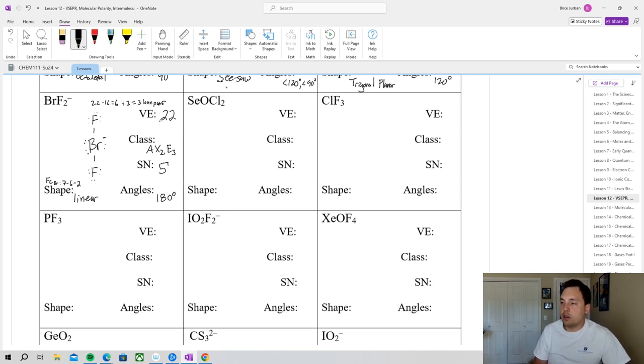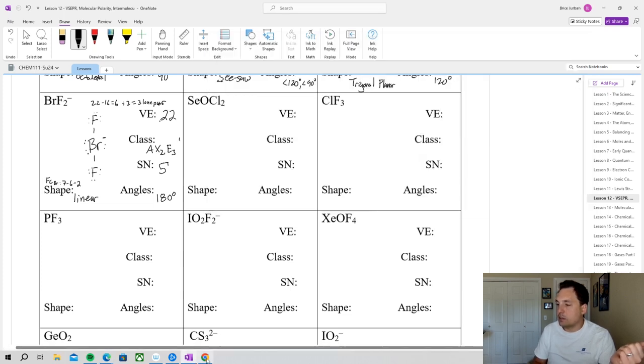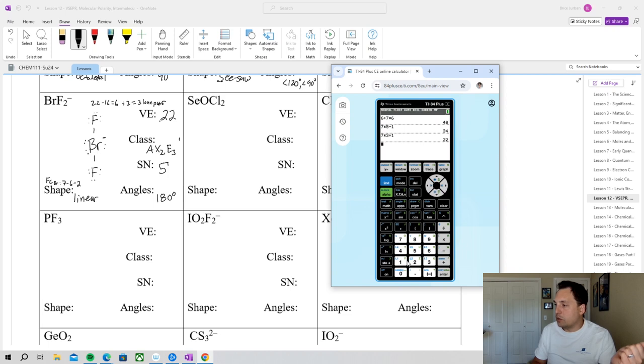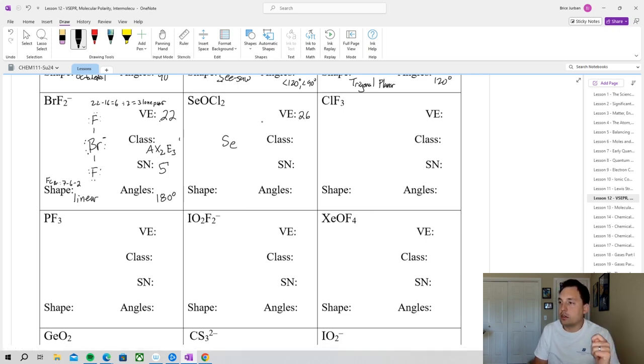This next molecule is going to be an interesting one to try to draw. A lot of the problems in your textbook use these types of examples. So selenium, this is below sulfur. It's got 6 valence electrons. Then oxygen's got 6, and then chlorine has got 7 each. So we'll have 12 plus 14, which is 26. We'll put selenium in the middle because it's the less electronegative of the 3 atoms.